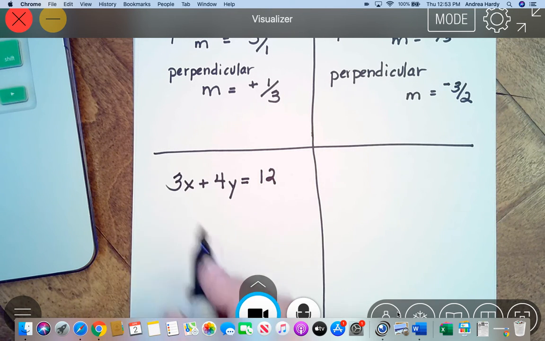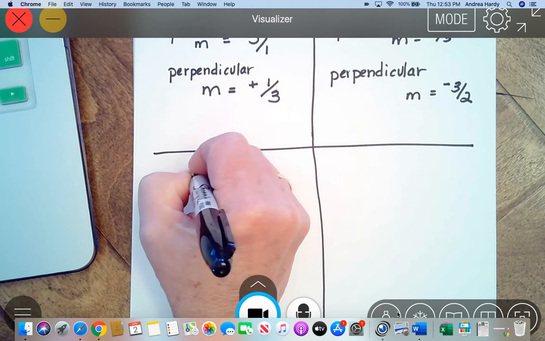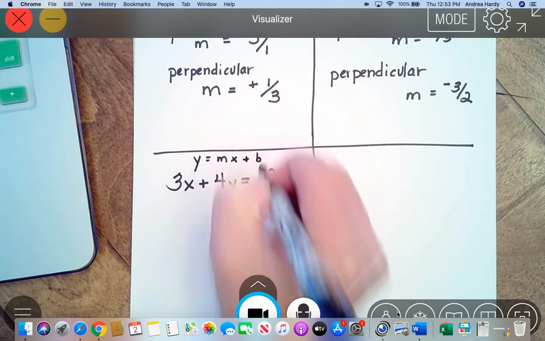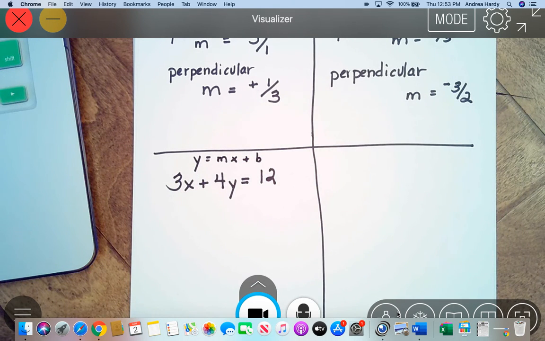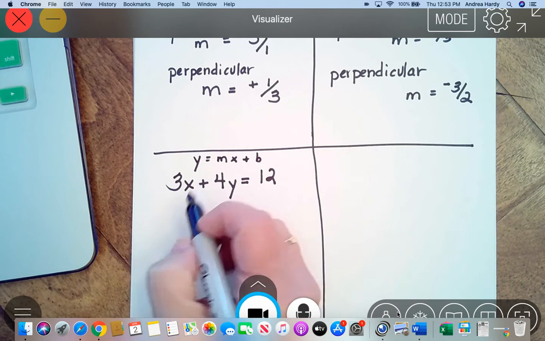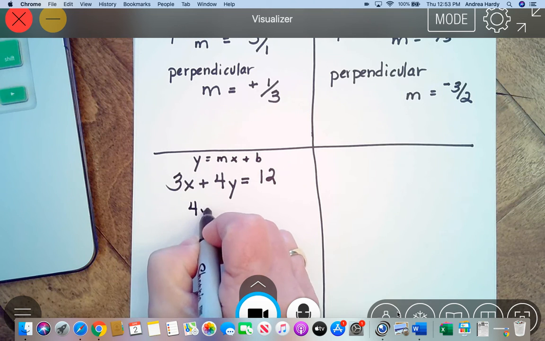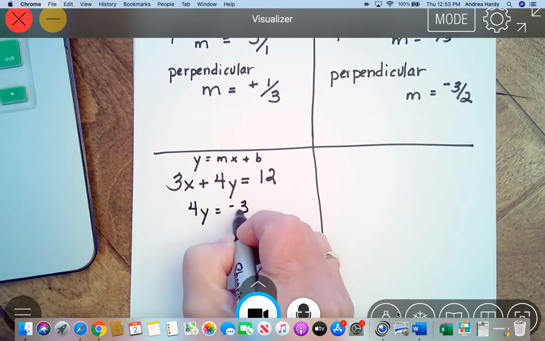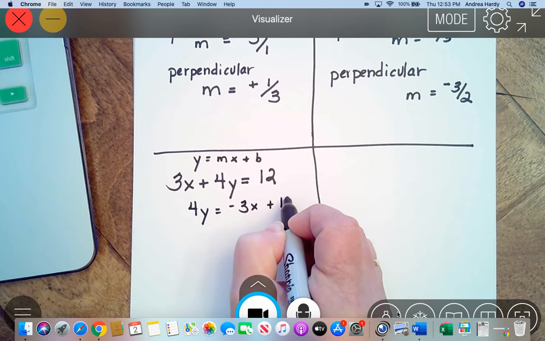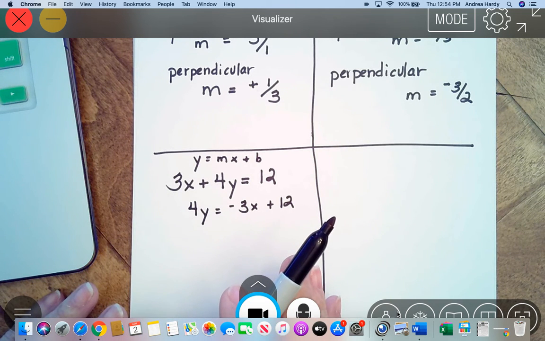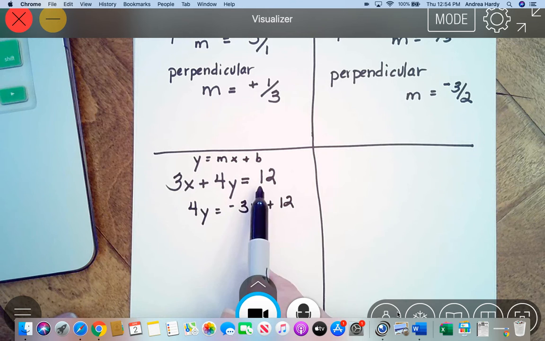I want to get this into slope-intercept form, y is equal to mx plus b. So I need to solve this for y. I'm going to subtract 3x from both sides. I subtracted 3x from the left side, so the only thing left now is 4y. I subtracted it from the right side, and I have negative 3x, and I still have the positive 12 over there.